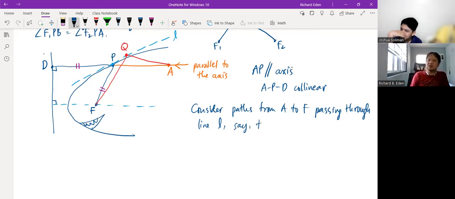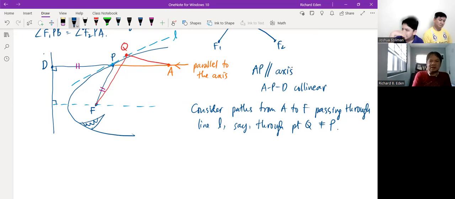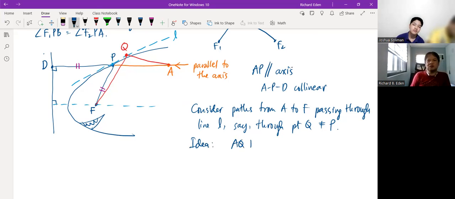Say through point Q different from point B. Basically the idea is that AQ plus QF will be greater than AP plus PF.